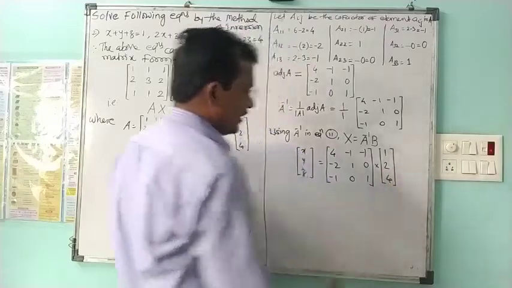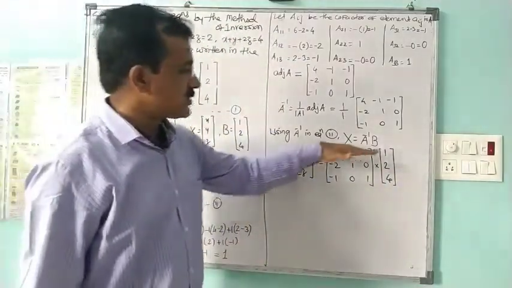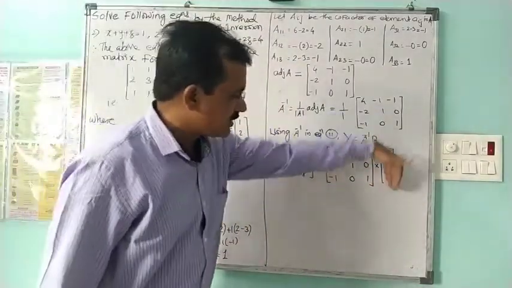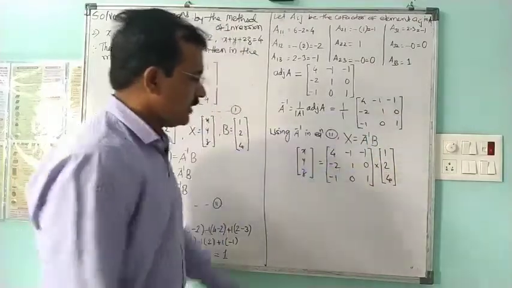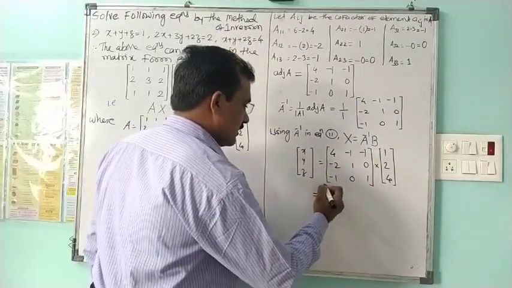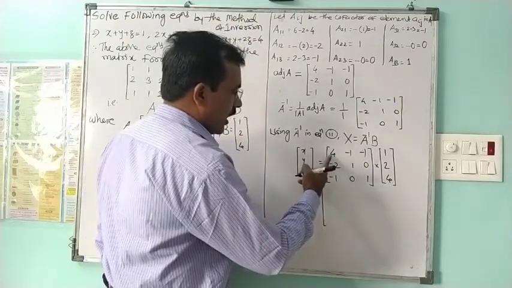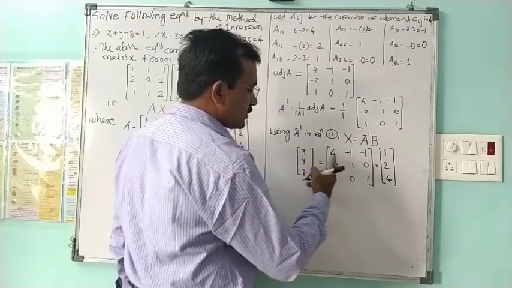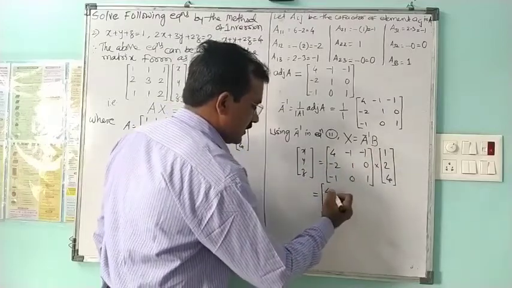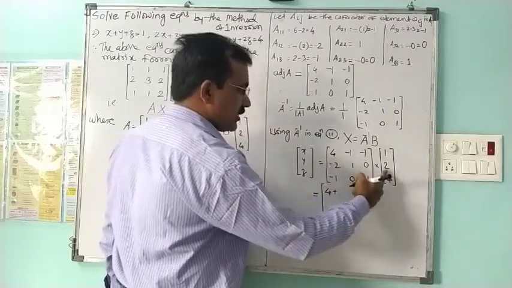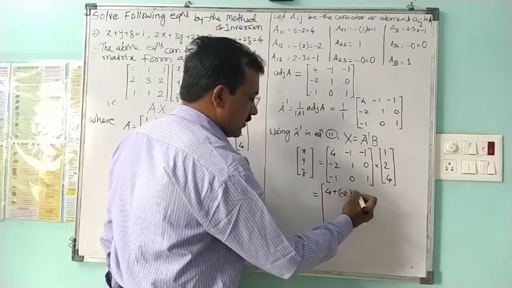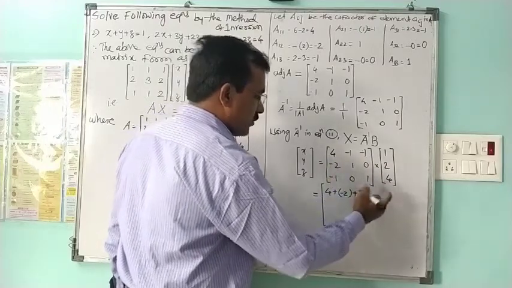And what is next? Next is to take the product of the first row with this column, the second row with the same column, the third row with the same column. So the answer of this product will have the structure in the next step as minus 4, that is 4 with 1, plus by formula minus 1 with 2, plus by formula minus 1 with 4.